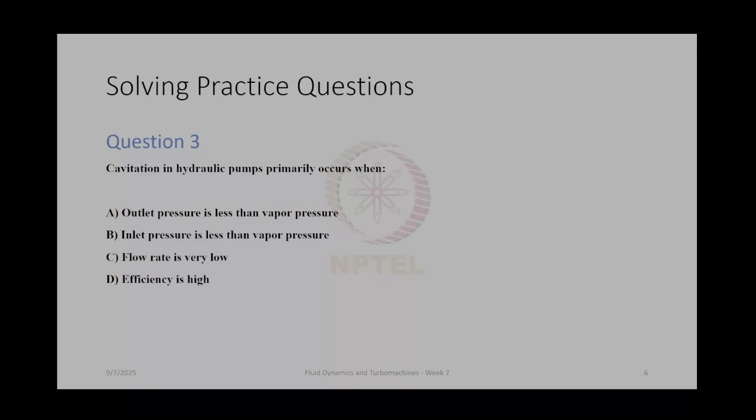So, when does cavitation happen in hydraulic pumps? Is it option A, the outlet pressure of the pump is less than the vapor pressure? Is it option B, the inlet pressure is less than the vapor pressure? Is it option C, the flow rate is very low? Or is it option D, when the efficiency is very high?